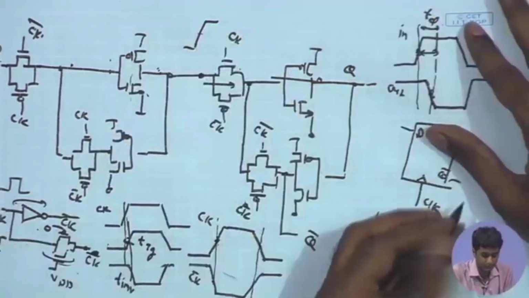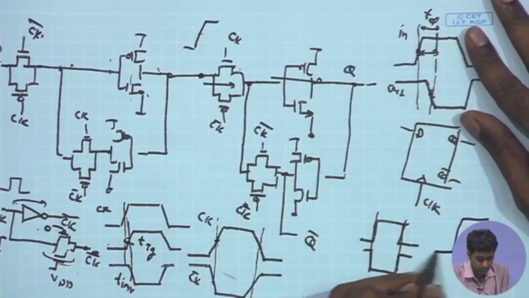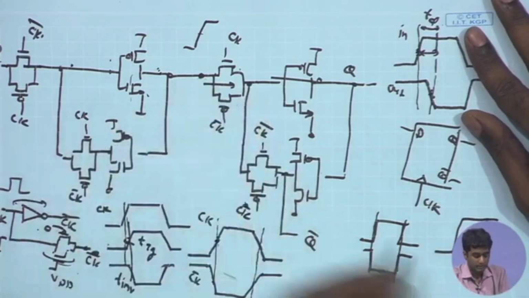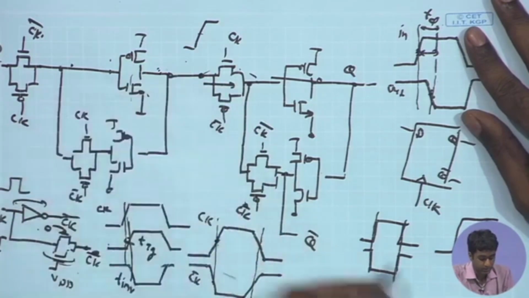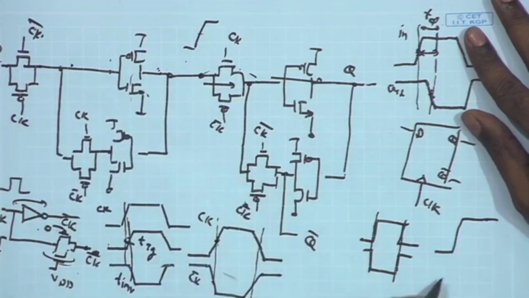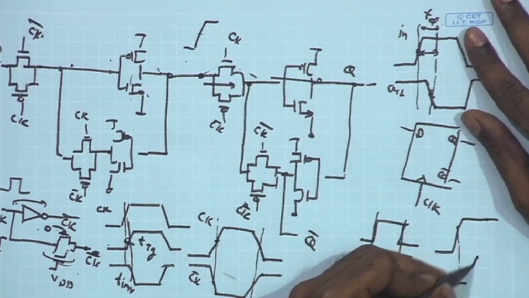So, if I draw the waveforms over here, if this is your clock waveform, the rising edge of the clock, the Tg will have a certain delay and therefore, the data stored over here, suppose this is VDD, will have a certain delay, and with respect to this midpoint it will rise after certain duration.